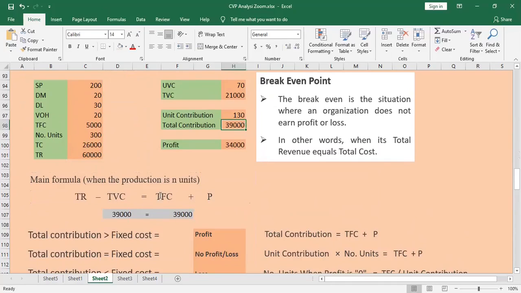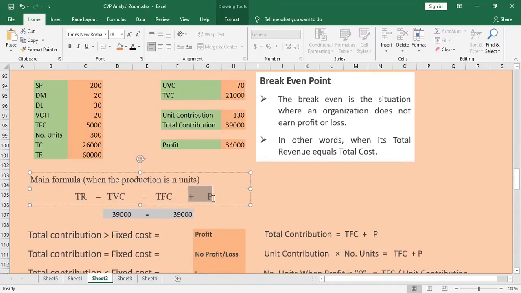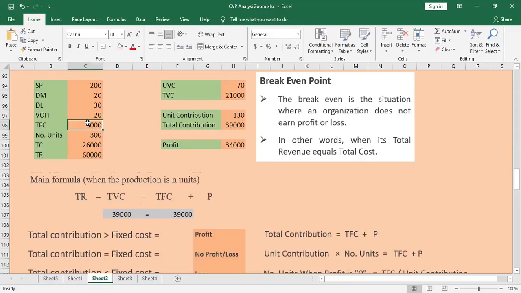and this side I have total fixed cost plus profit. Now I know the total fixed cost is equal to 5,000 rupees and the profit is equal to 34,000 rupees. And you know, the summation of 5,000 and 34,000, again, is 39,000. Now you can see the relationship.